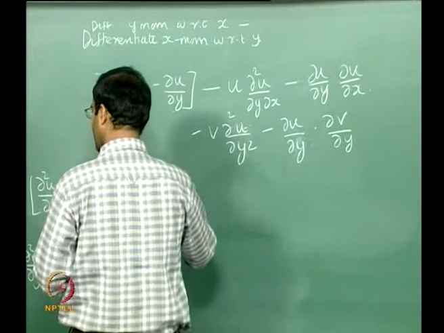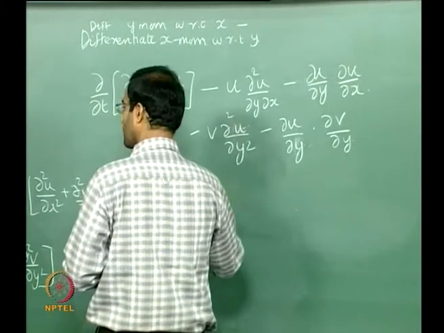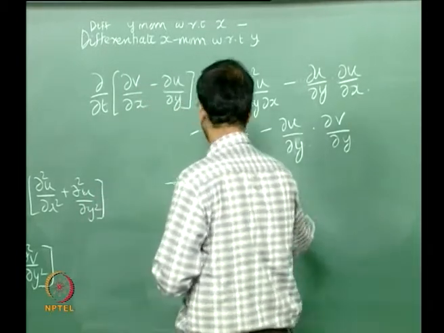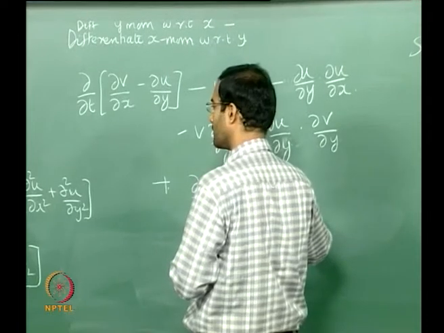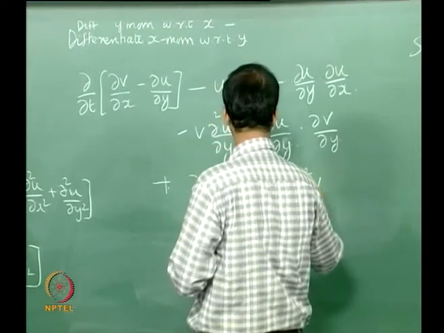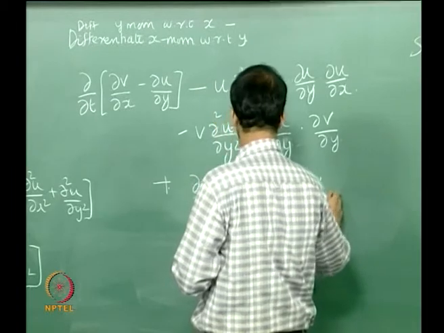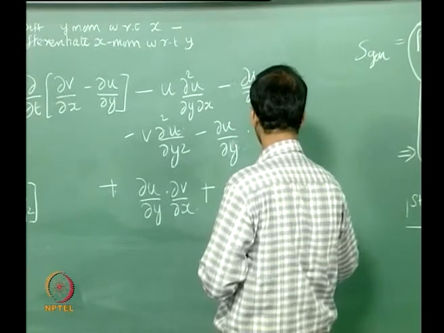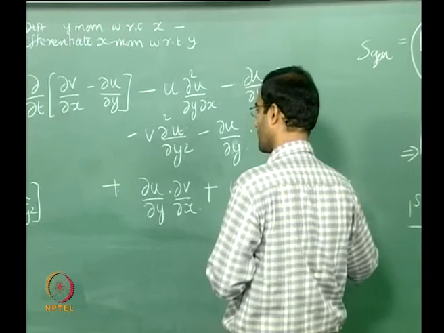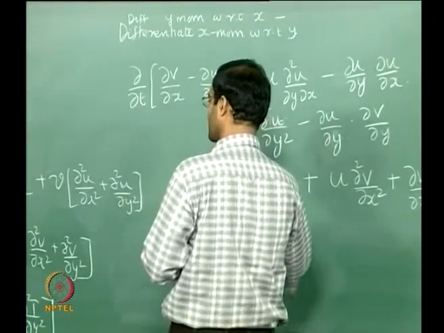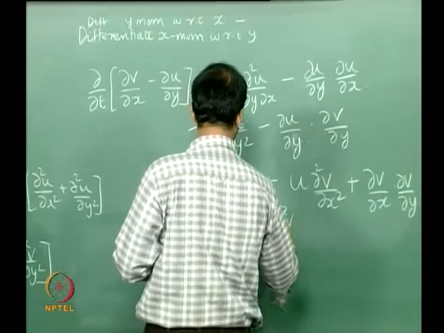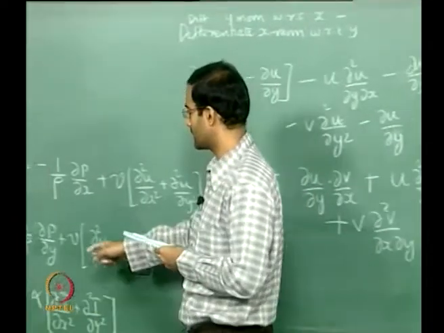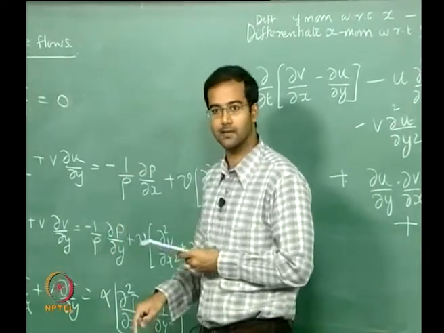So plus you have du by dy into dv by dx, plus u into d square v by dx square, plus du by dx into dv by dy, plus v into d square v by dx dy.